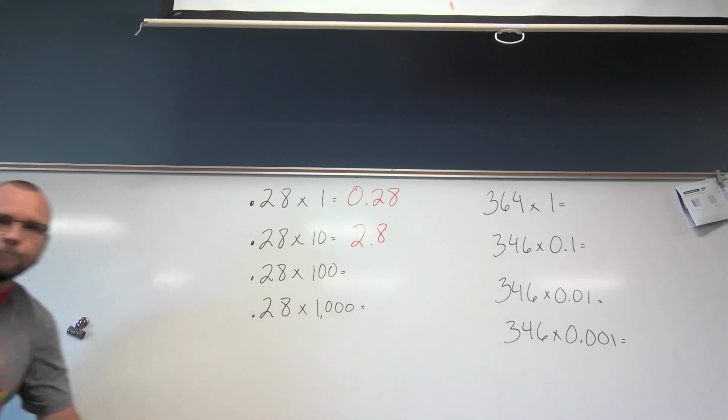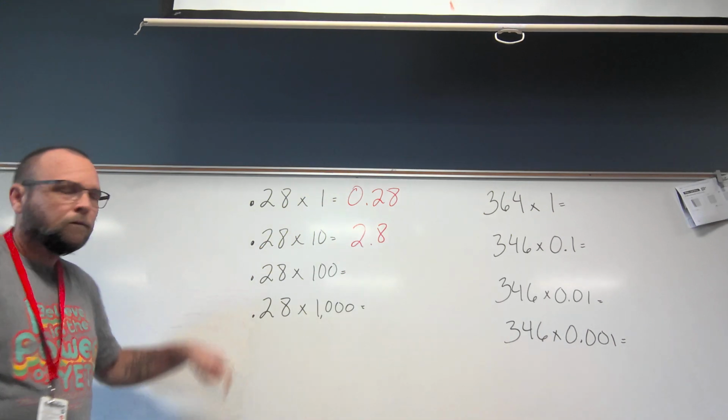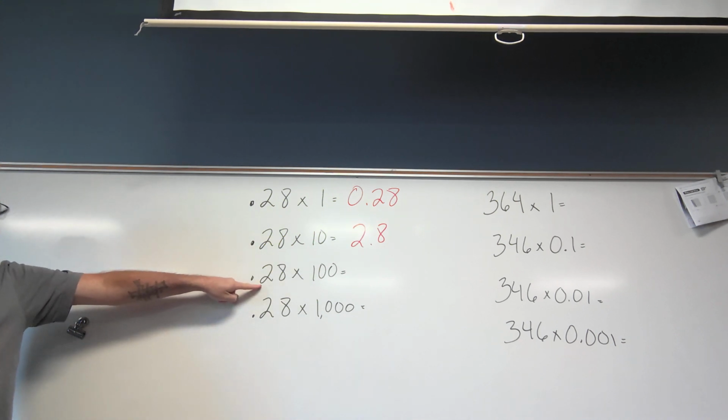Also, the 2 is the tenths and the 8 is the hundredths. And you moved it, it's times 10, so you move the decimal point one place. Good. We have 28 hundredths multiplied by 100. So now I need to make this 2 100 times greater than it is right now.